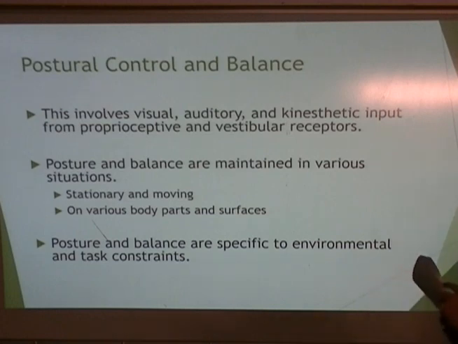And so we've got specific environmental and task constraints that interact with postural control, and we see that balance is very specific. Just because I'm good at balancing in a stationary situation doesn't necessarily mean I'm going to be good at balancing in a dynamic situation.